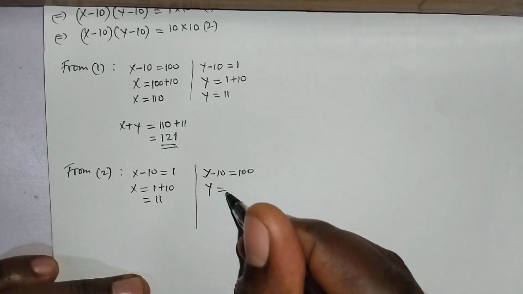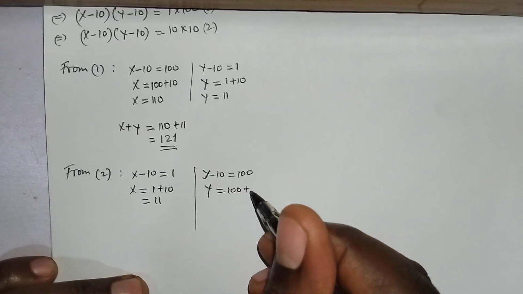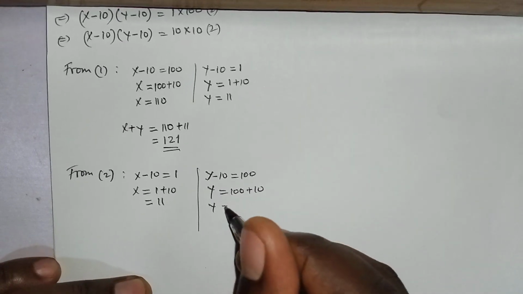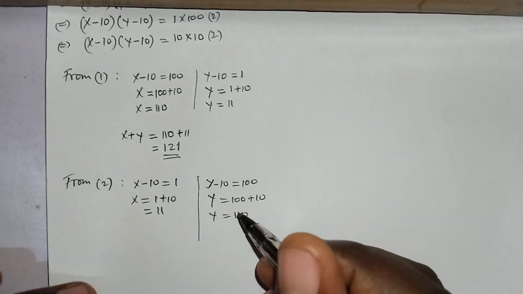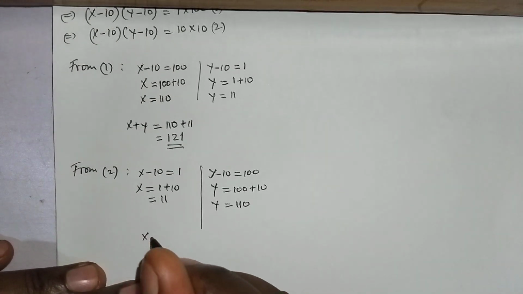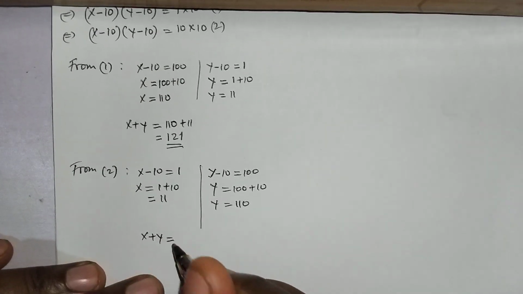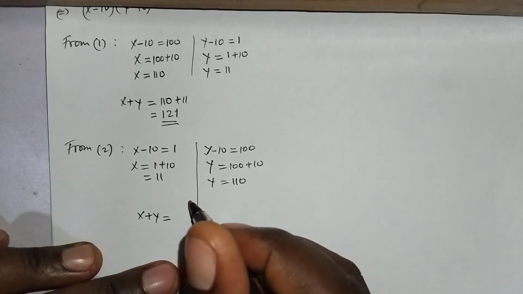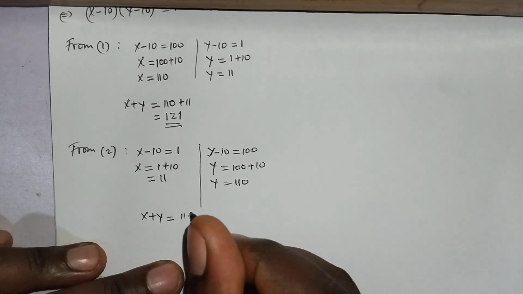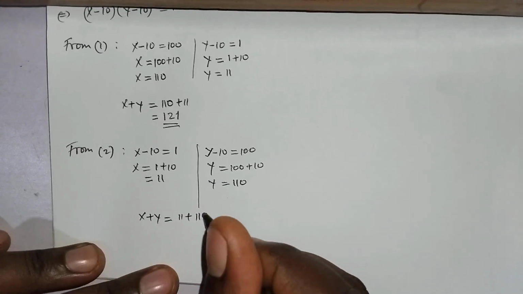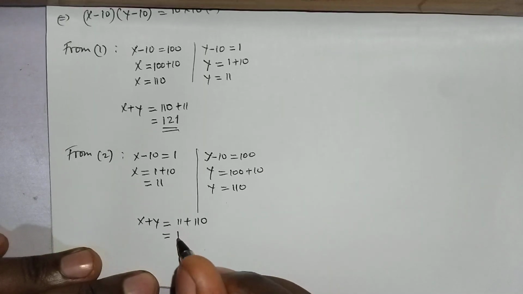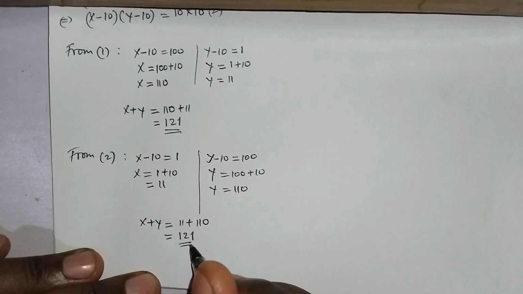Here y is equal to 100 plus 10, y which is equal to 110. So x plus y is equal to x 11 plus y 110, which is equal to 121.